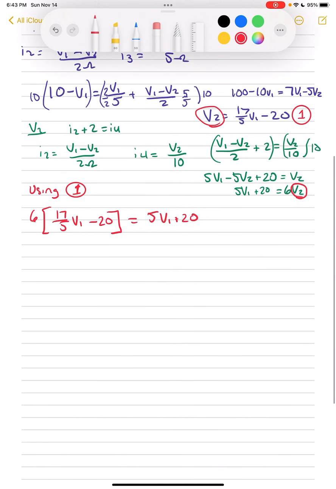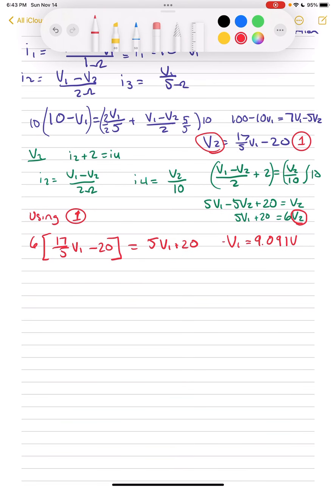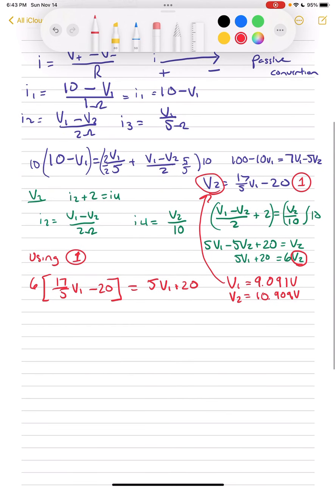And now you can see we've just eliminated one of our variables, and now we can solve for V1. Once you solve for V1, you'll basically get that V1 is equal to 9.091 volts. And then we can plug that back in to this equation here, and we'll get that V2 is equal to 10.909 volts.